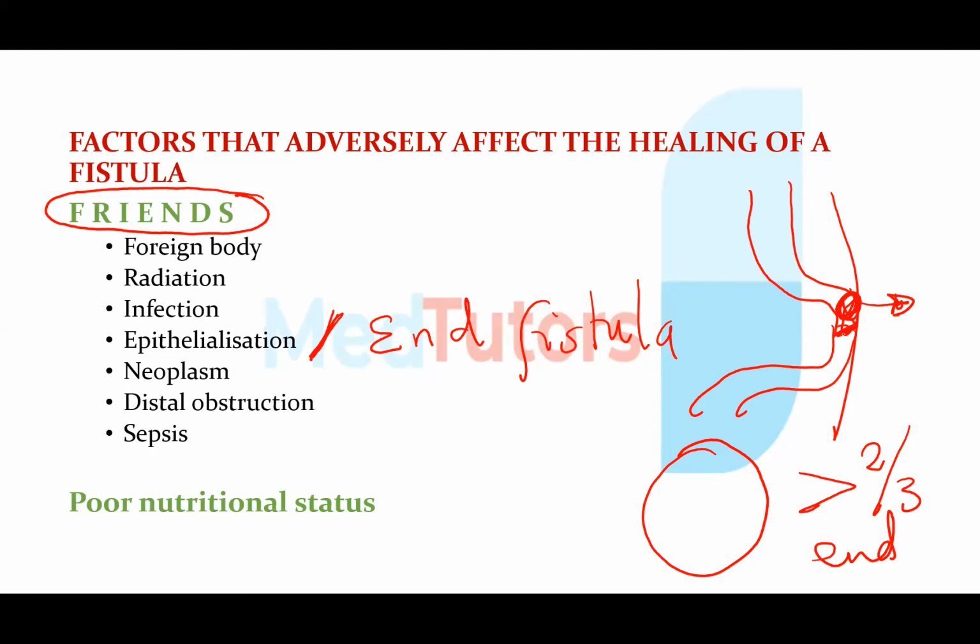So don't waste your time, the patient's time, and the relatives' time. When a fistula results from neoplasm, from malignancy, it will not close spontaneously. You have to intervene. When there's a distal obstruction, of course, nothing will go down, so it will come out through the fistula.